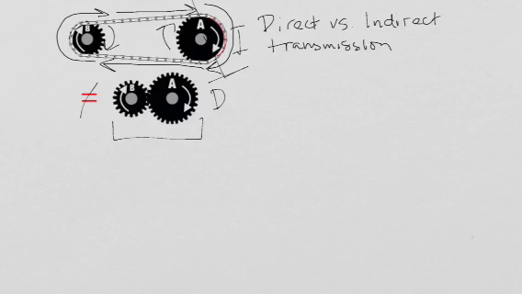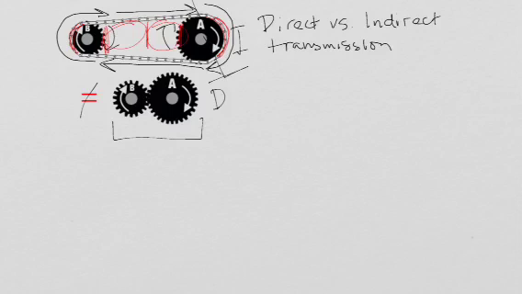I only have friction here and friction here, instead of having another wheel here and another wheel here in order for me to actually get where I was going. If I had another gear here, I'd have friction, friction, and friction. That's not efficient. There's less friction in an indirectly transmitted motion.